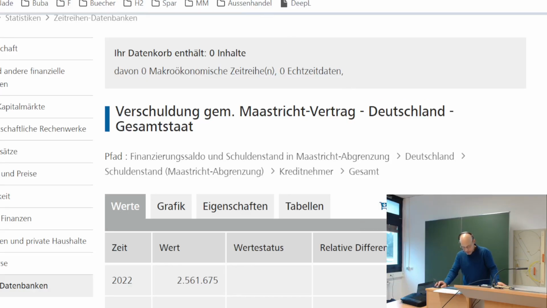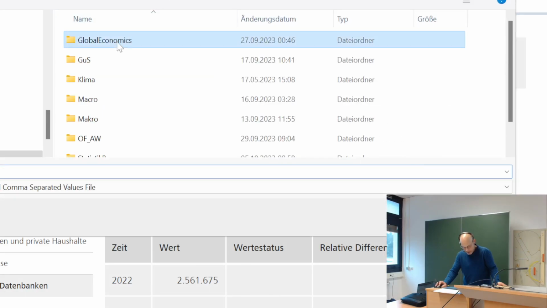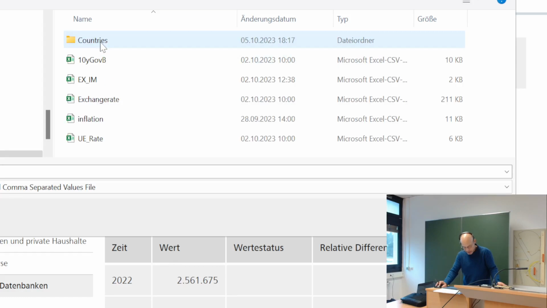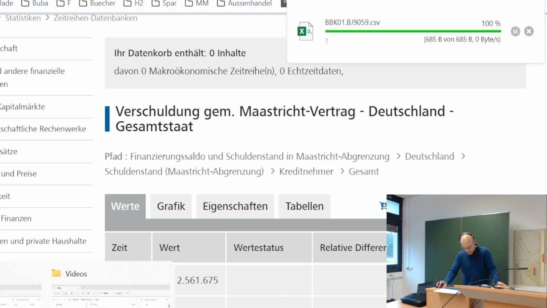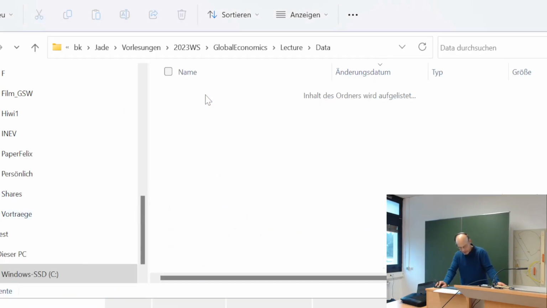So then let's download this, hopefully. Global Economics, lecture data, and let's have a look now at government debt.